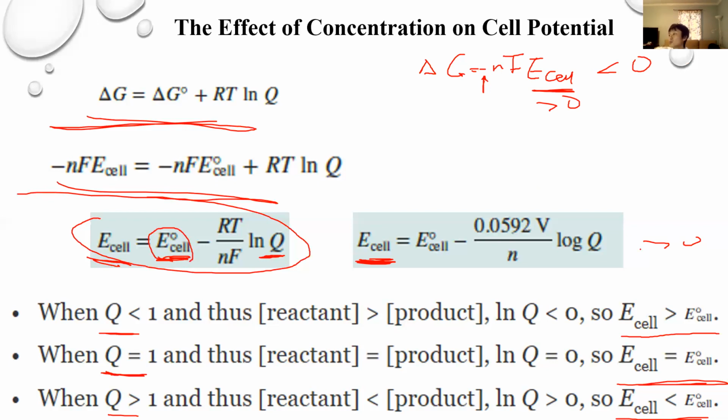So when you have a voltaic cell, which means a spontaneous reaction, and you calculate the E cell and it is negative, that means you must have switched the cathode and the anode, so you probably want to switch them back.